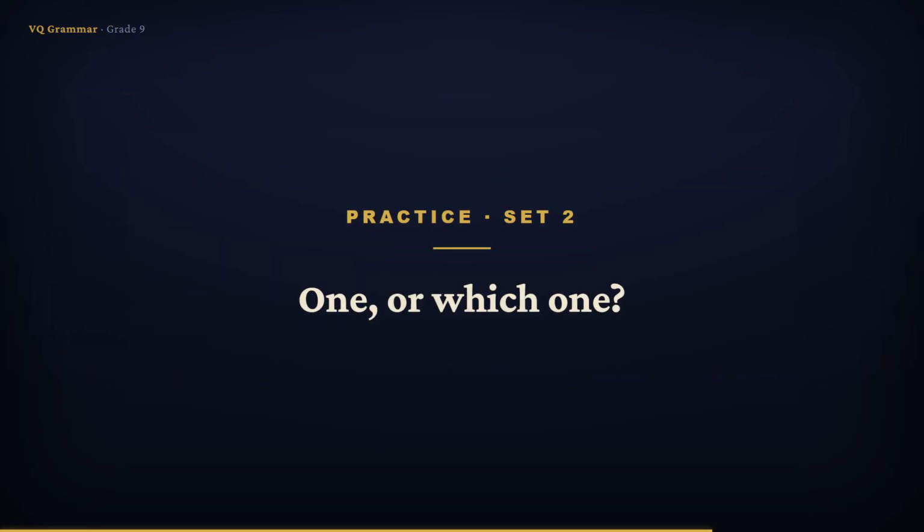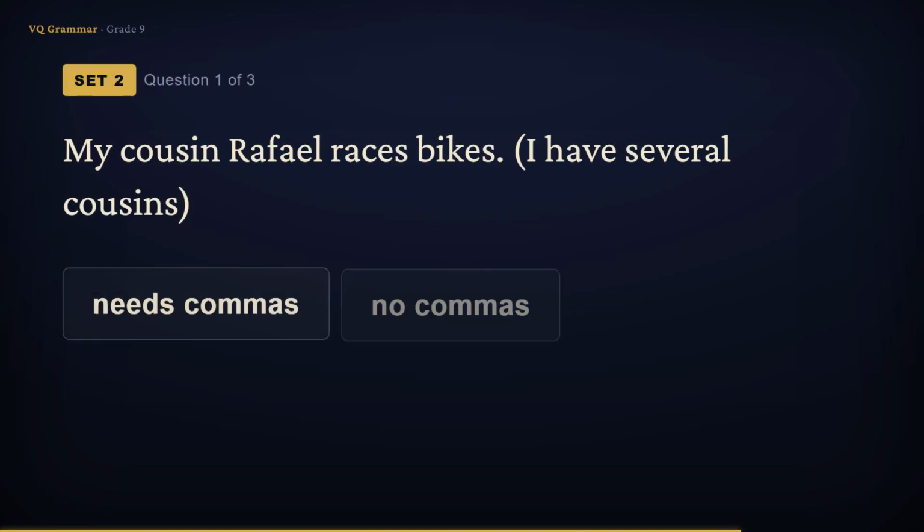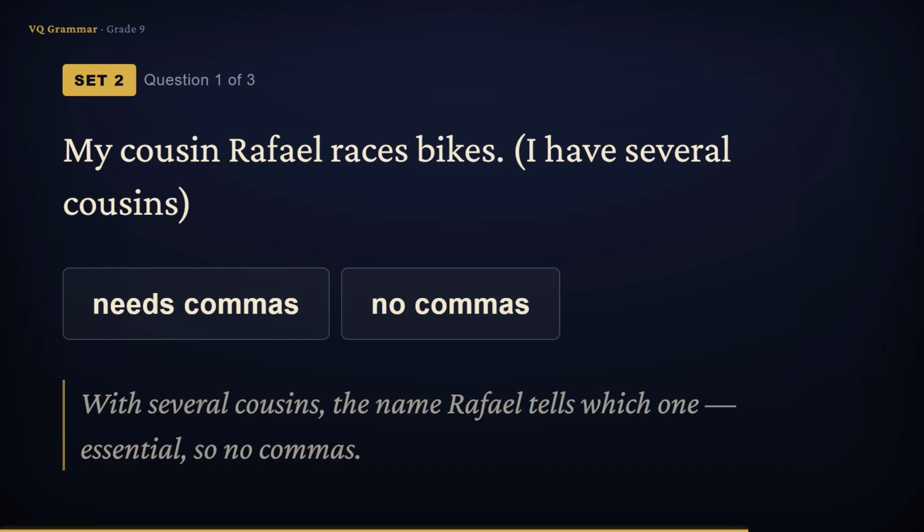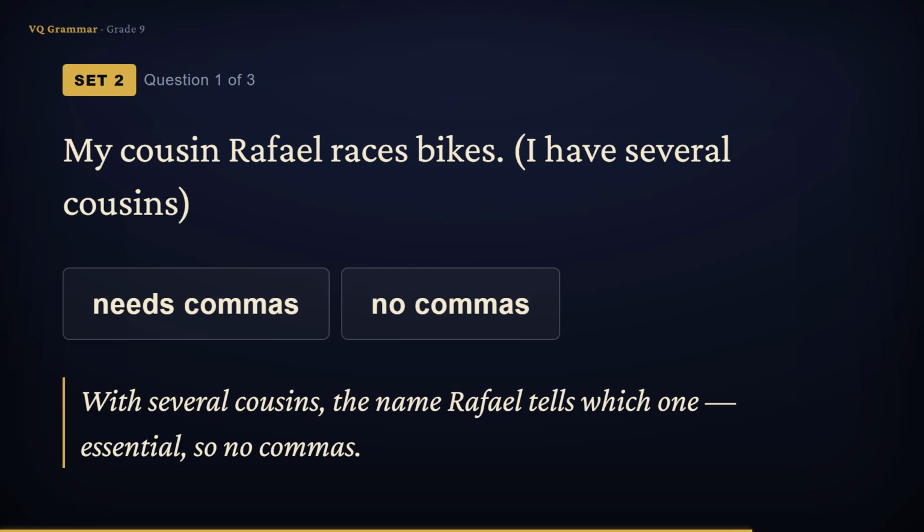Nice work. In this second set, each sentence names someone or something, and a hint in parentheses tells you how many there are. Use that to decide whether the name or clause needs commas. Pause and try each before I answer. My cousin Raphael races bikes, and I have several cousins. Because there's more than one cousin, the name Raphael is doing real work.